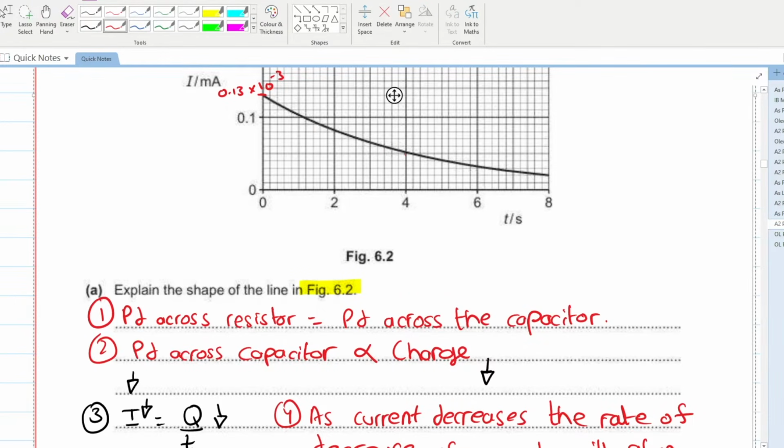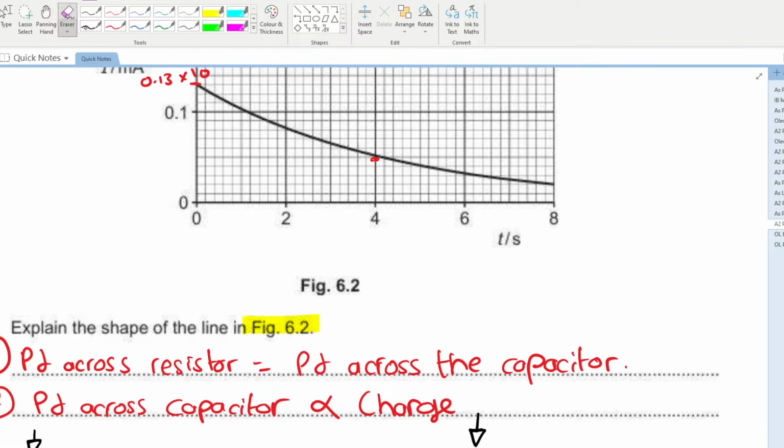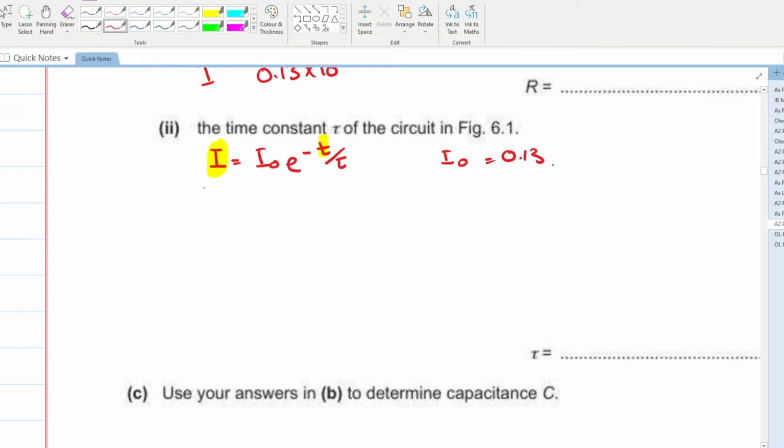Time is 4. Let me zoom in a bit. Time is, yes, 4, and current is somewhere around here.